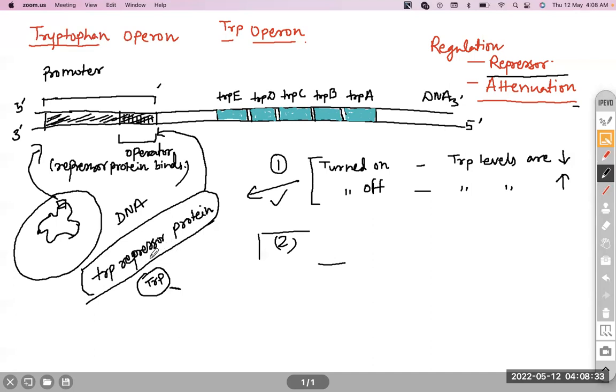Therefore, if this is a repressor, this TRP here is also called a co-repressor. Okay. So we will see both these scenarios when high tryptophan is there and when low tryptophan is there. Okay.